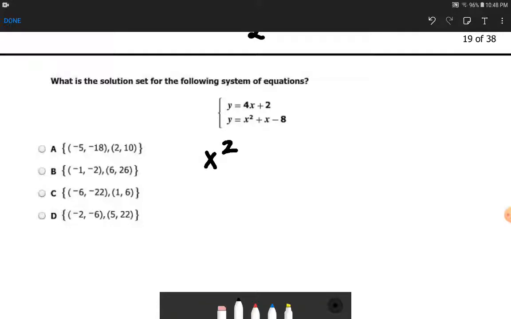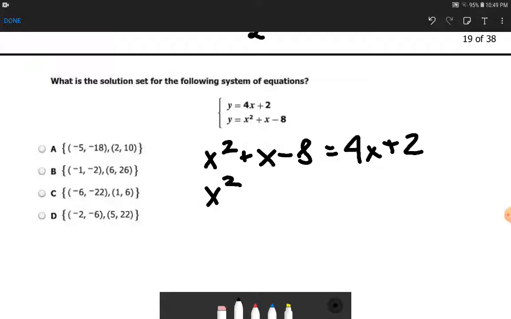So it's going to be x squared plus x minus 8 equals 4x plus 2. Actually, we're going to make this equal to 0 because we want this to be a quadratic. So subtract 4x on both sides, we're going to get -3x. Then subtract 2 on both sides, we're going to get -10.